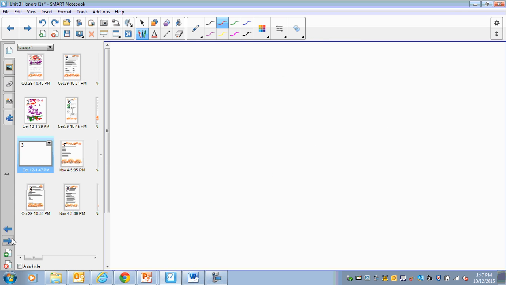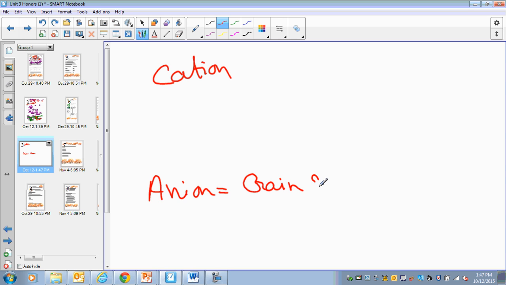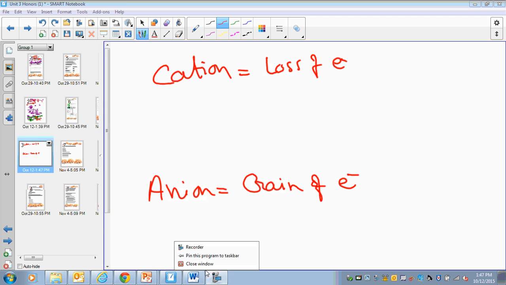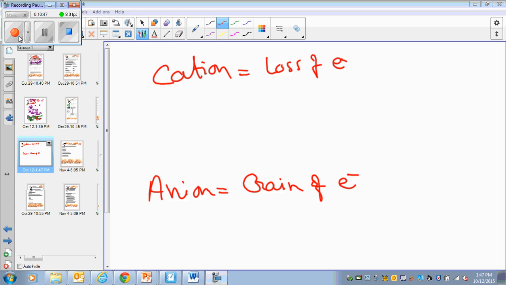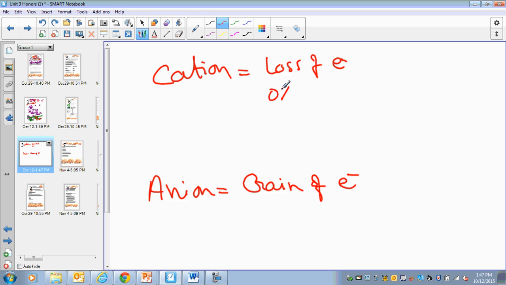Once again, let's do the definition of cation and anion. Anion is formed by the gain of electrons. Cation is formed by the loss of electrons, and that process is called oxidation.